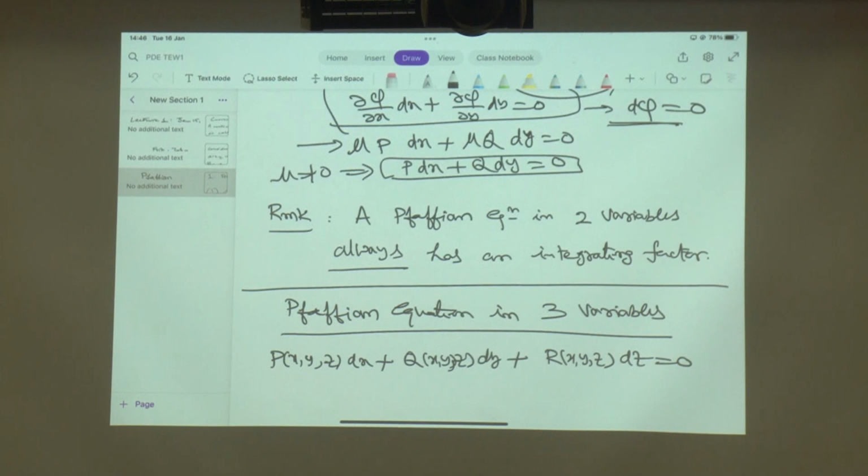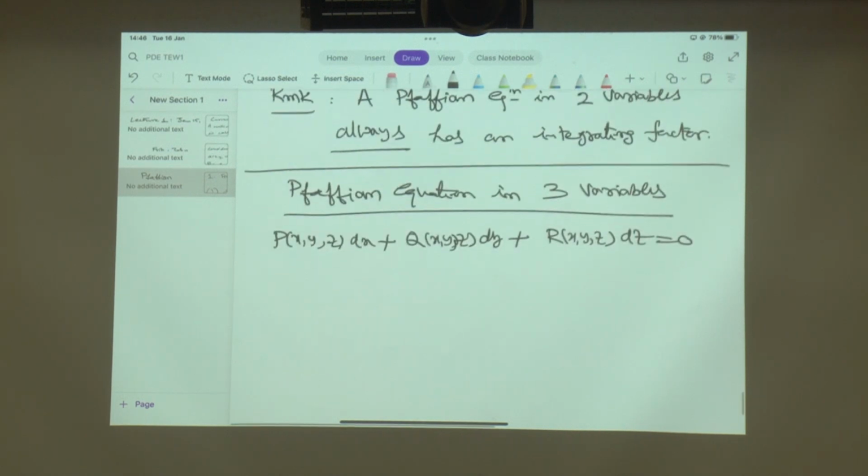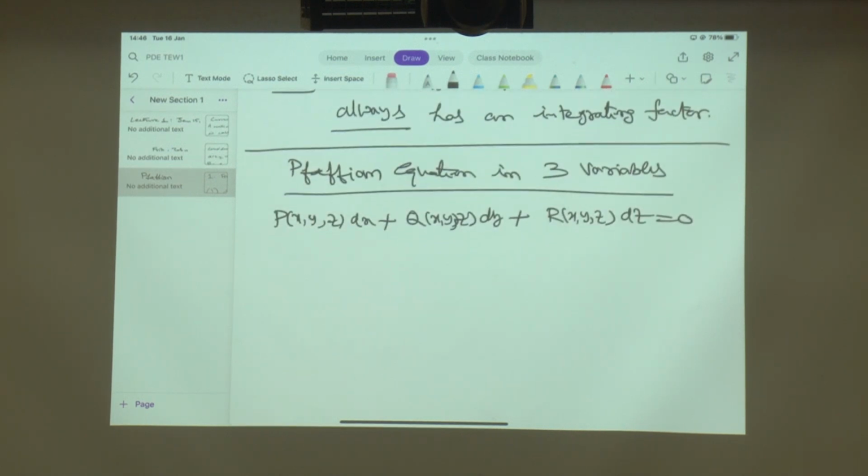This is a Pfaffian equation. So we can define, as we do in two variables, when you want to say this is an exact equation: if you can find a function phi of three variables such that your d phi is nothing but p dx plus q dy plus r dz, then you can call this exact.